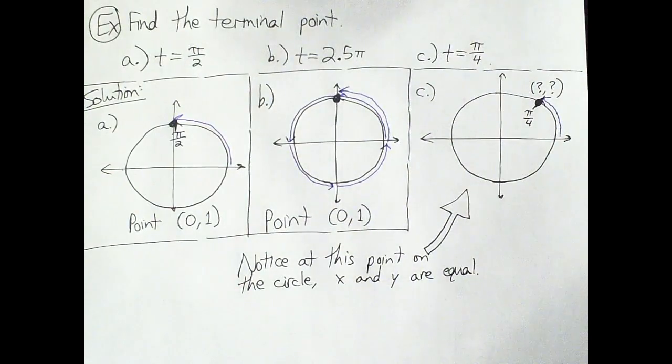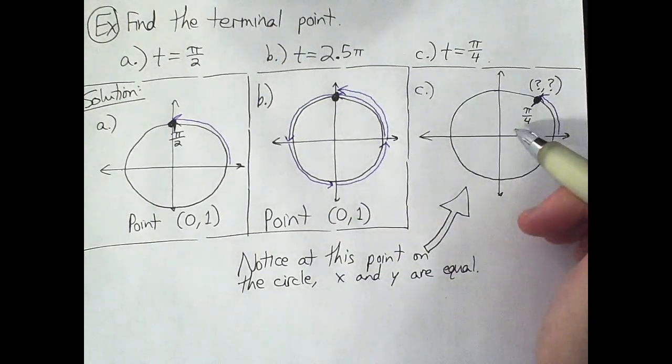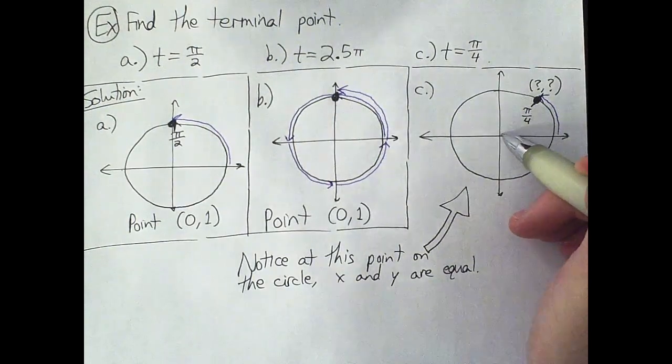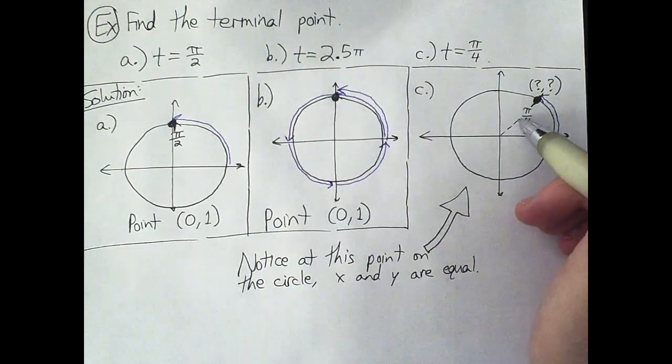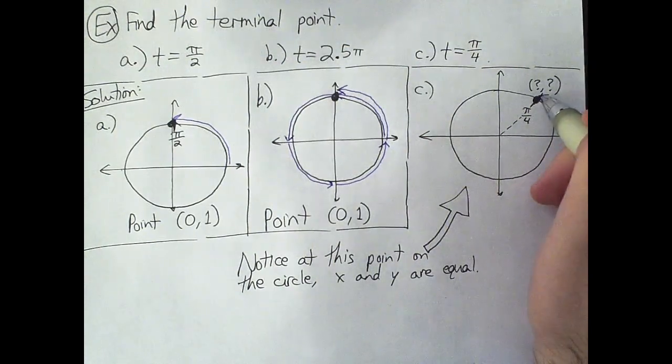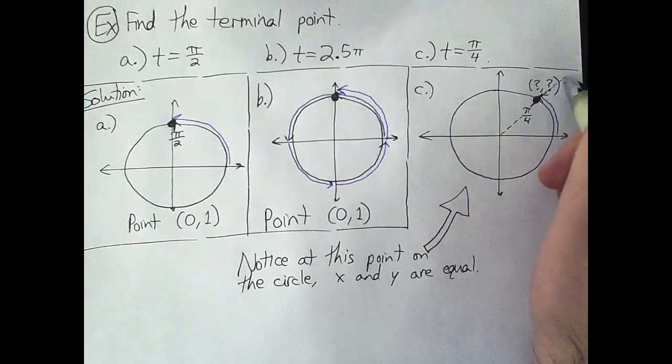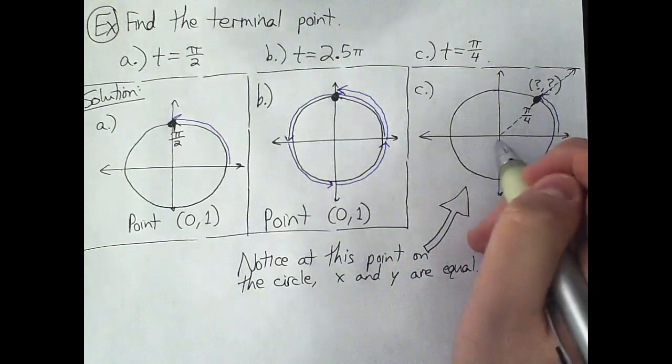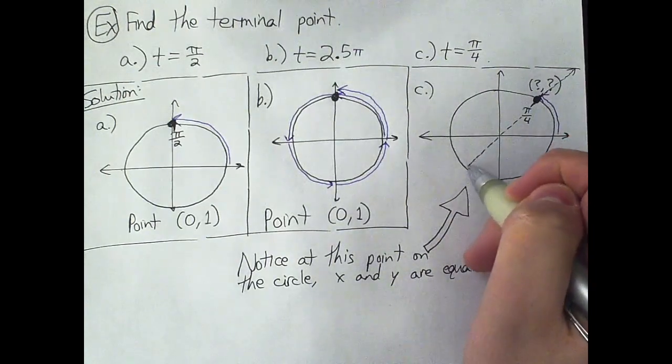That the x comma y, that the x and the y are the same thing. Why am I saying that? It's because of the nice sort of symmetry that we get with circles. Also, I think actually you could argue that this point looks like it is on the line y equals x. This is the line y equals x.